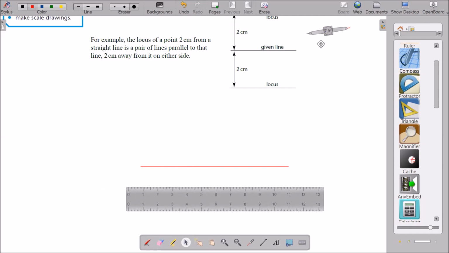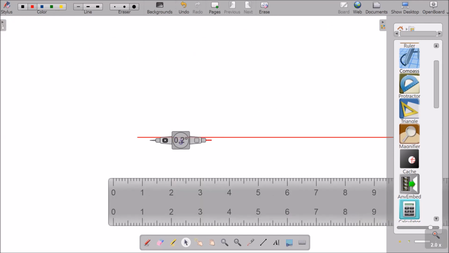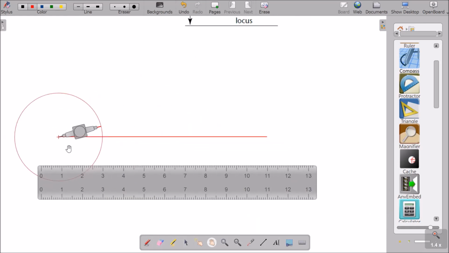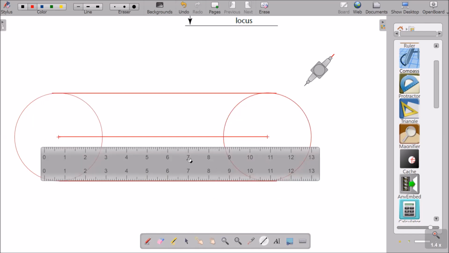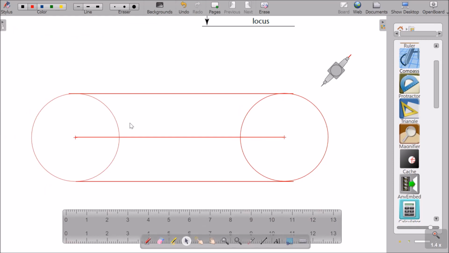We take our compass, measure 2 centimeters, go to our line and draw a circle, go to the end of the line with our compass and draw a circle, then join the top parts of our circles, and join the bottom parts. Now we know these two parallel lines are the same distance.